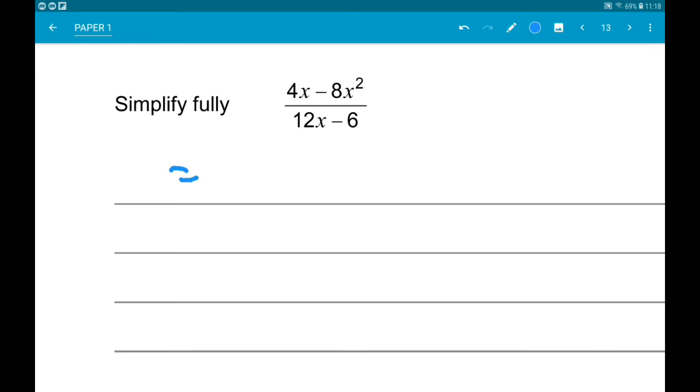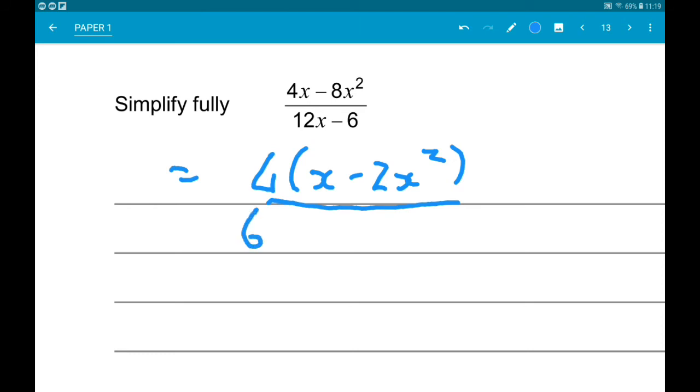So we can try the top as 4 times x minus 2x squared and then the bottom we can write as, well, there's a common factor of 6. So we can write the bottom as 6 times 2x minus 1.